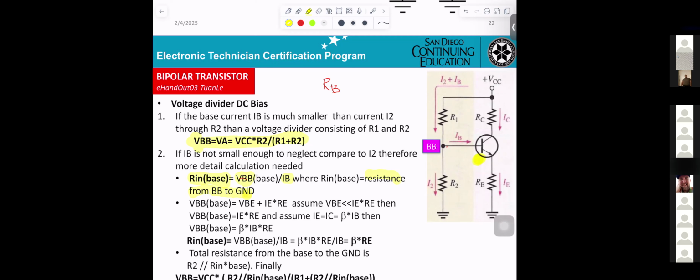That means VBB from here to the ground will equal 0.7 here, and also the voltage drop across the resistor. So that's why they give you that.